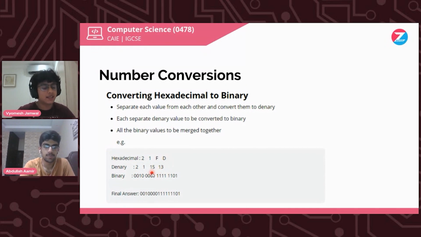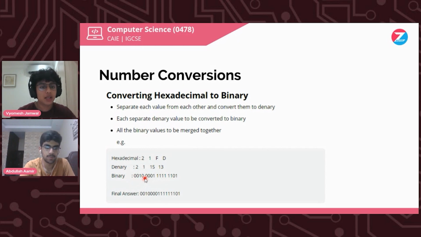Like A is 10 and F is 15. So in this case, F here would give us 15 directly, and D would give us 13 in denary, looking at the chart. And then after that, it's simple as converting those denary values into binary individually and keeping them separate as 4 bits of information, which is also known as a nibble.